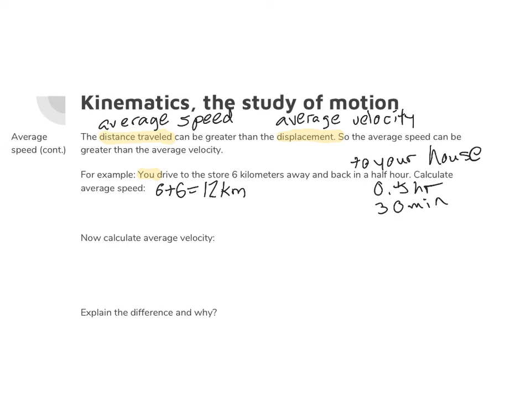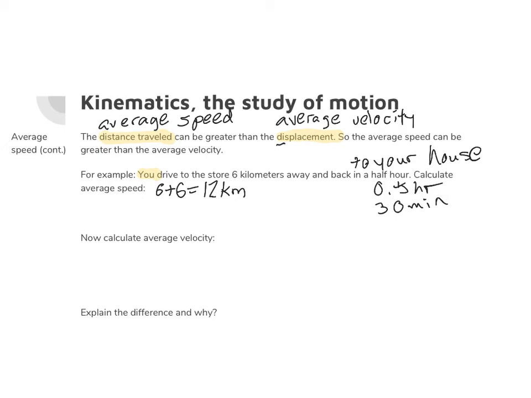Now, take the same situation, that you drove to the store 6 kilometers away and you return from the store 6 kilometers back to your house, and calculate your average velocity. And remember that we are not using the distance traveled to calculate our average velocity.